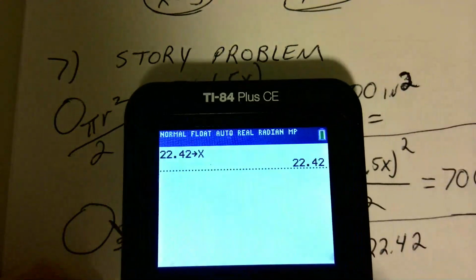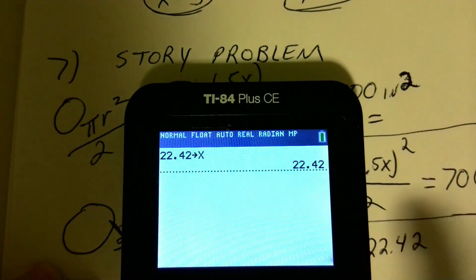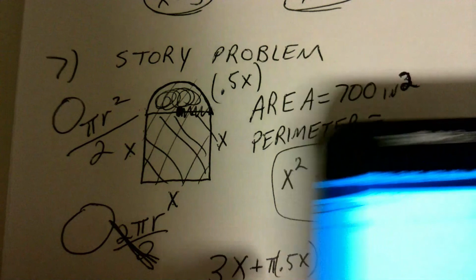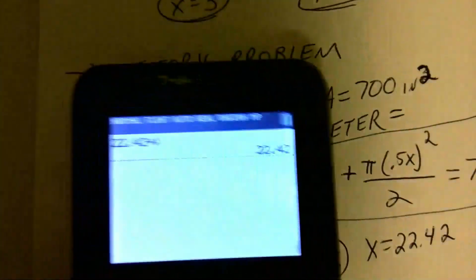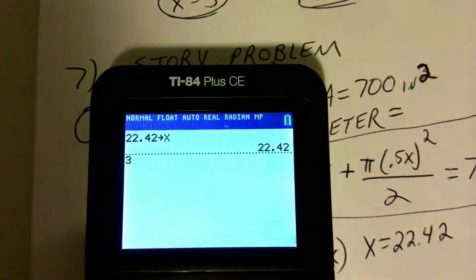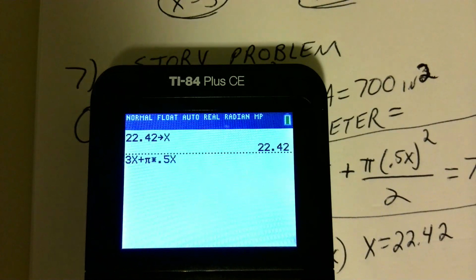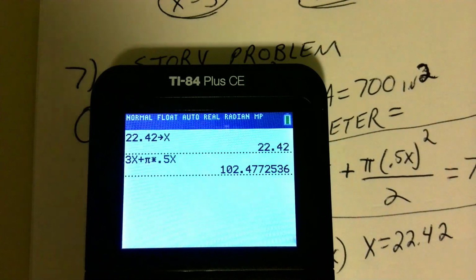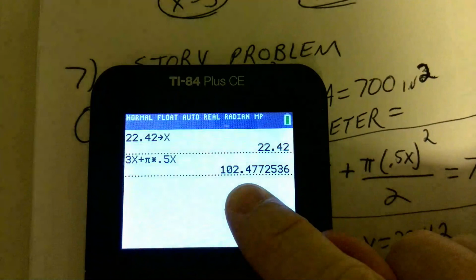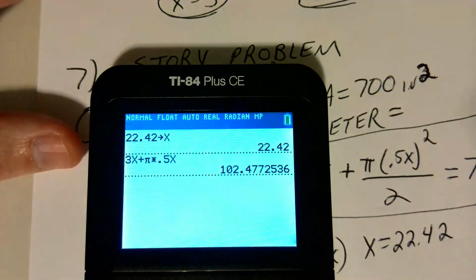I could have put the 0.419 and written all this stuff down, but I'm okay with it right now. And then I'm going to put in 3x plus pi times 0.5x. I hit enter, and you can see that the perimeter of my entire shape is 102.47.